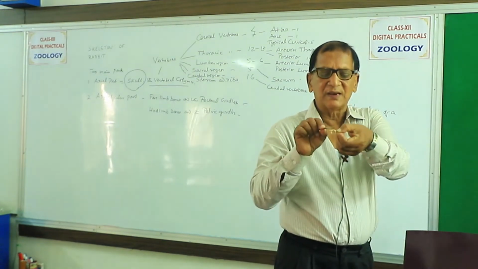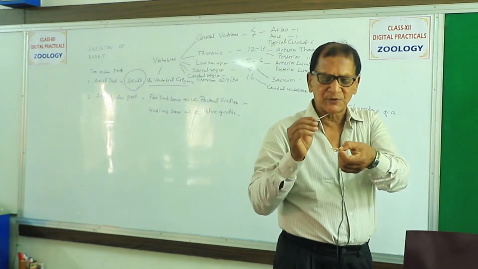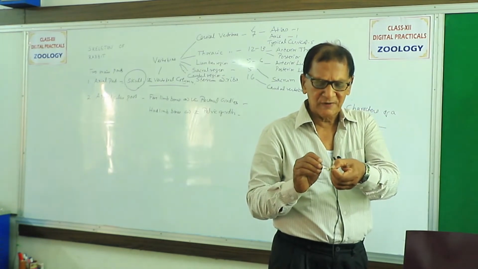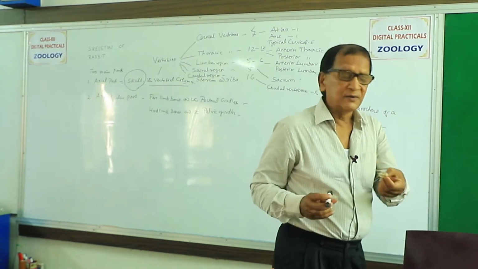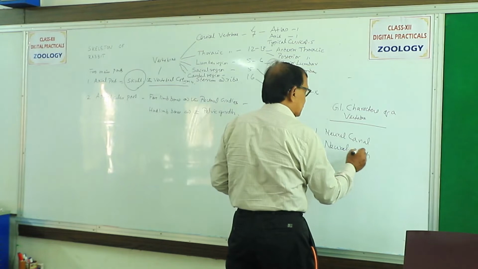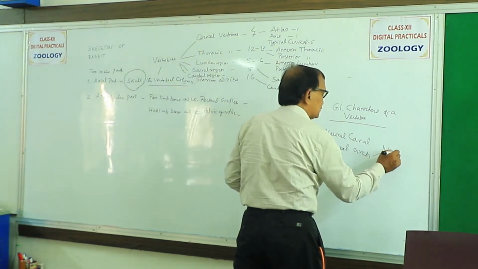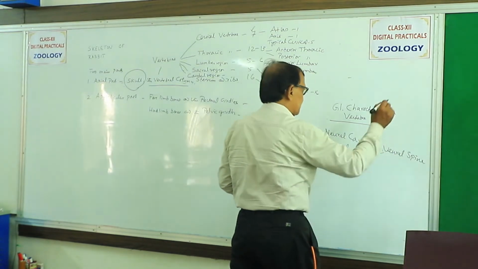Surrounding the neural canal you have the neural arch, and from this neural arch arise several projections. One of them is this mid-dorsal spinous projection that is called the neural spine. So from the neural arch arises the neural spine, dorsally.